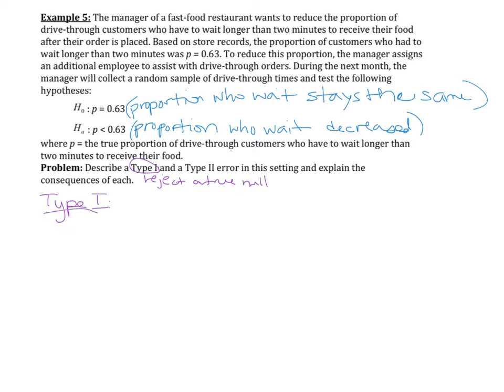So I'll write that out. So the type 1 error would be thinking that the proportion who waited more than 2 minutes had decreased when it actually hadn't.